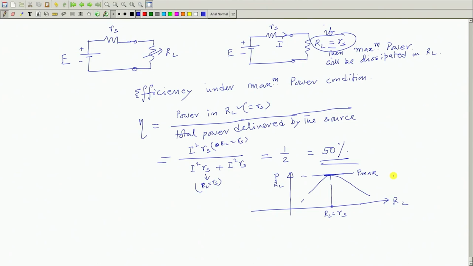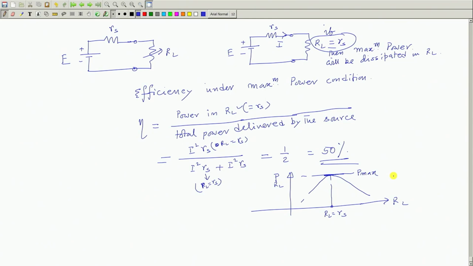However, in case of low level of power in electronic circuits, say amplifier circuit, etc., where power itself is low, efficiency does not matter too much, there people will always look for impedance matching, so that maximum power is delivered, as in your sound system.